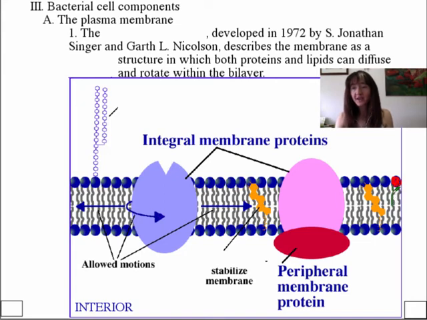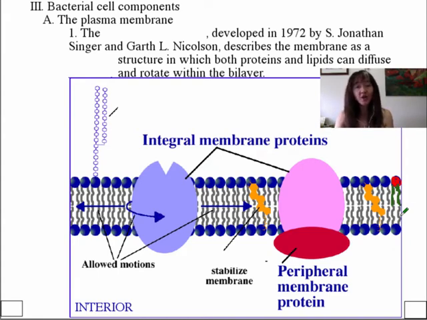So you can see there is the water-hating tail of the phospholipid, and here's the second water-hating tail. The head loves water, and the tails, they hate water. And so it makes sense that they put their water-hating tails together and their water-loving heads facing the exterior and the interior, which are very water-filled environments, very aqueous environments.